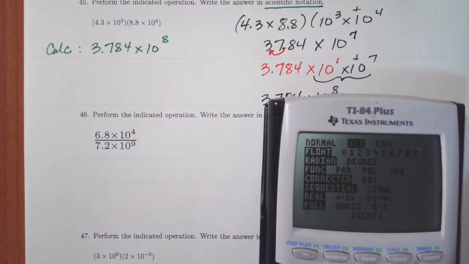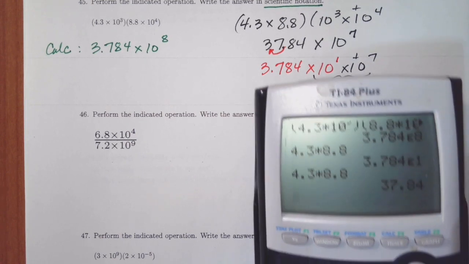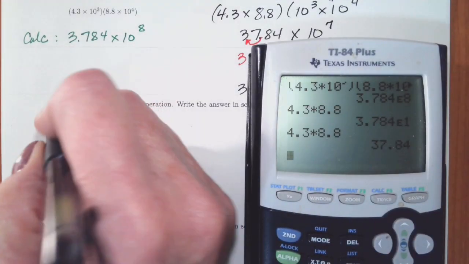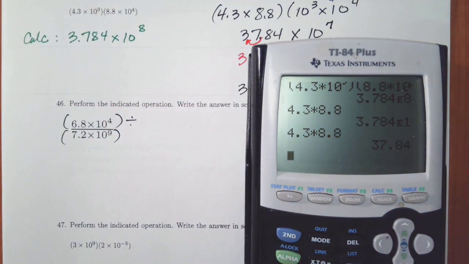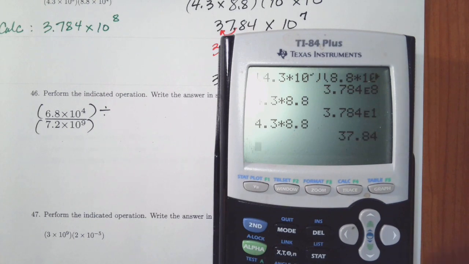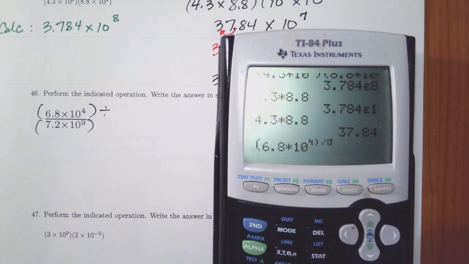Okay. Same thing here. I've got it in scientific notation mode. So I'm just going to put this in parentheses and divide by this in parentheses. If you don't put the parentheses, you're going to get something wrong. Okay, so 6.8 times 10 to the fourth, divided by 7.2 times 10 to the 9th.